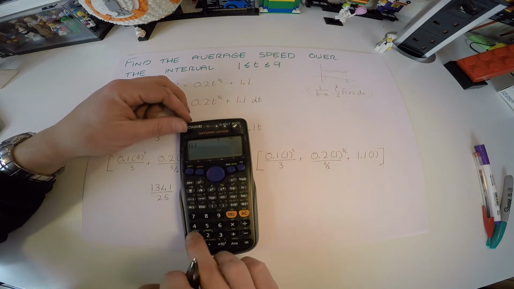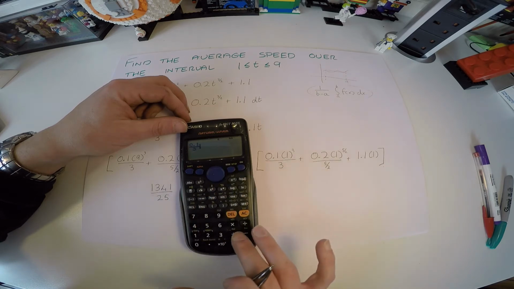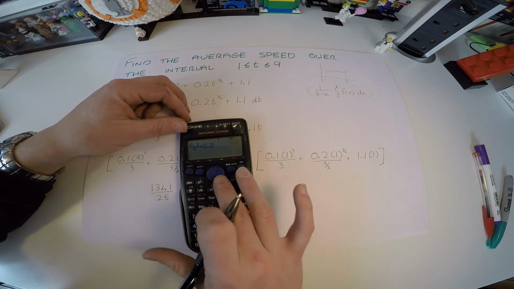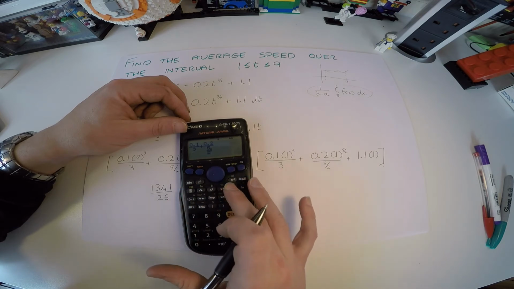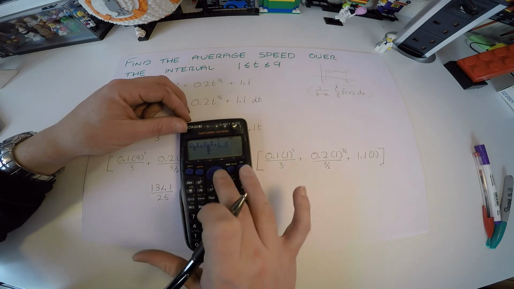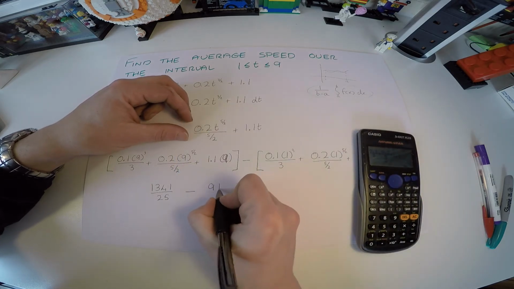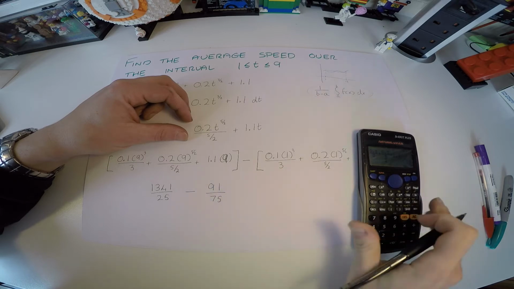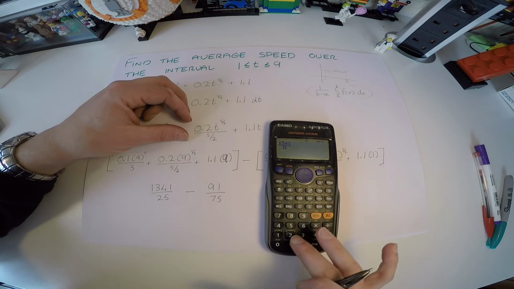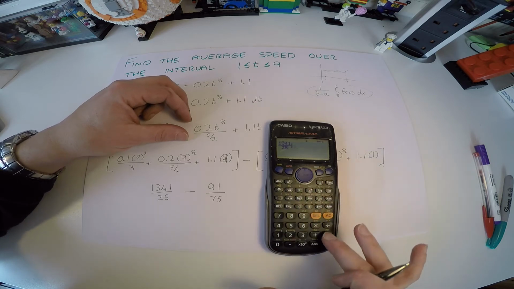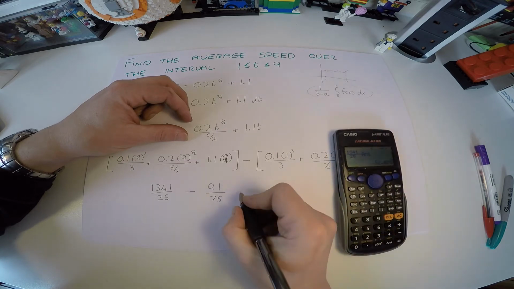So I get 0.1 over 3, plus 0.2 over 5 over 2, and then plus 1.1 equals 91 over 75 I get for that. So when I get 1341 over 25 minus whatever I got the last time, that gives me 52.426.